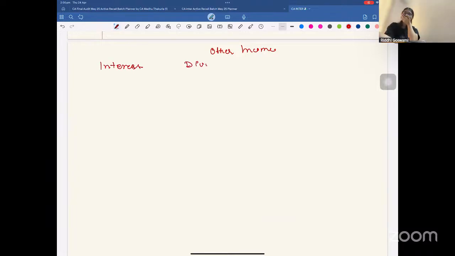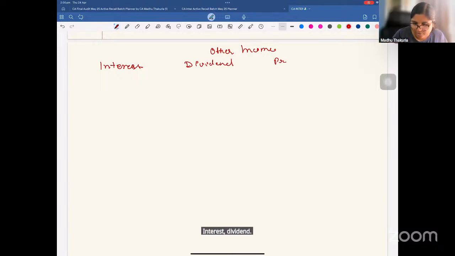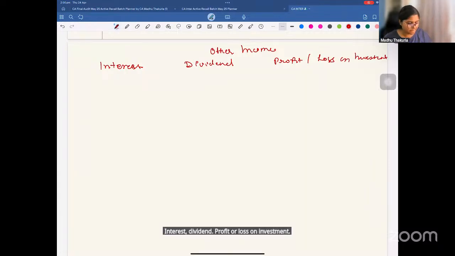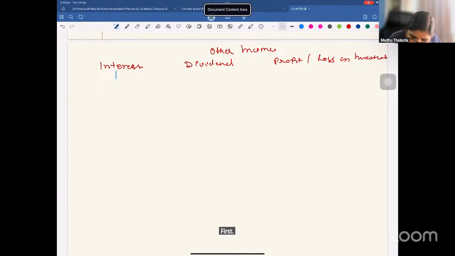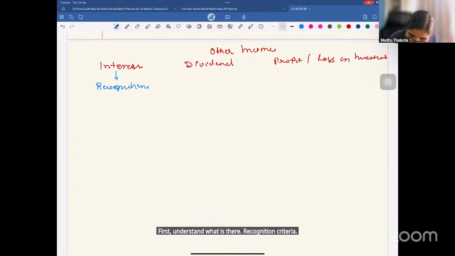Interest, dividend, profit or loss on investment. First, understand their recognition criteria.